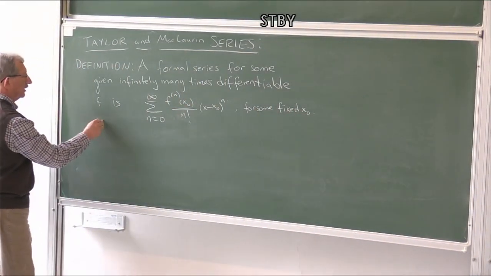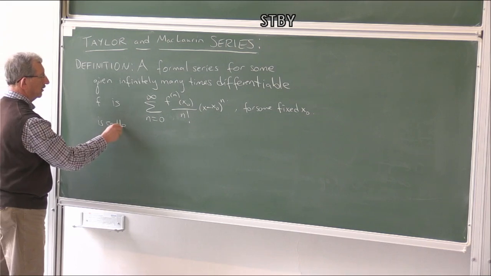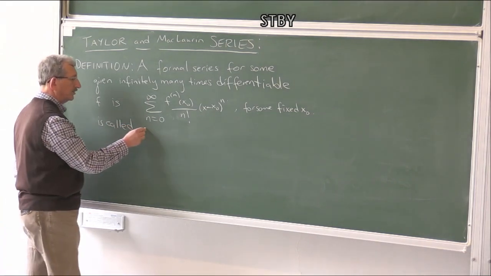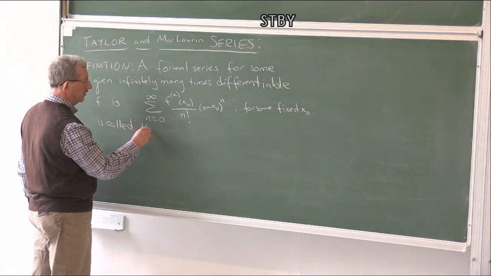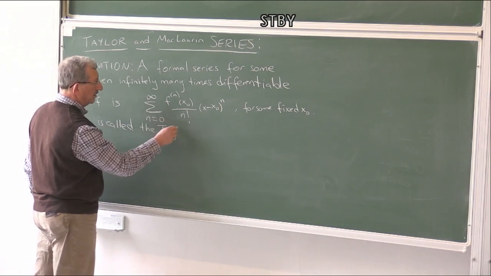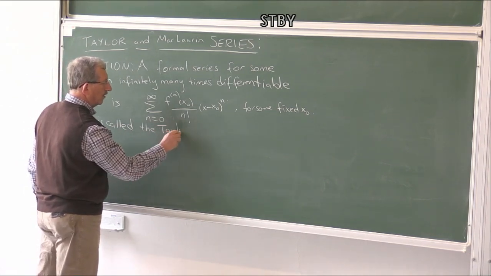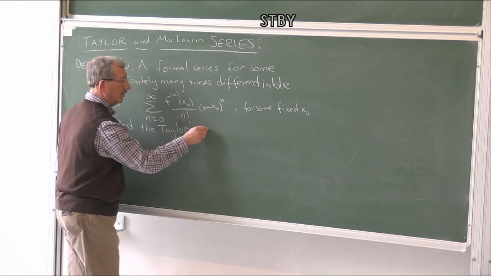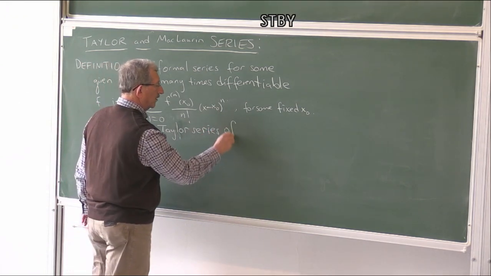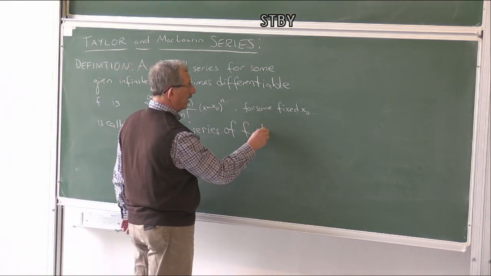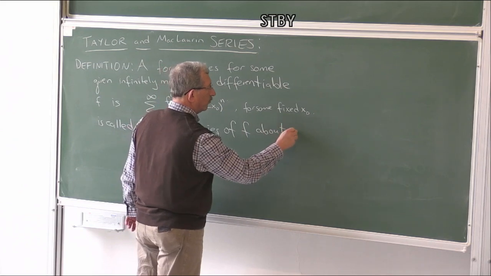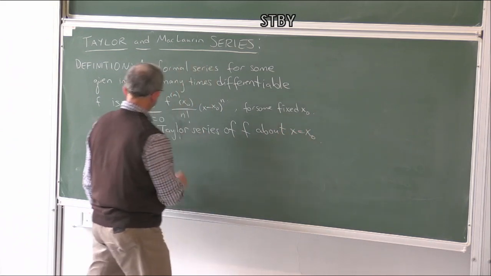It's called the Taylor series of f about the point x0.